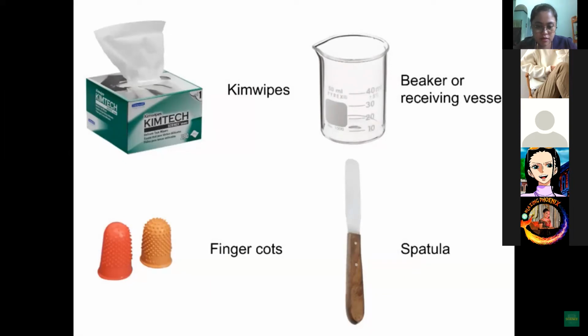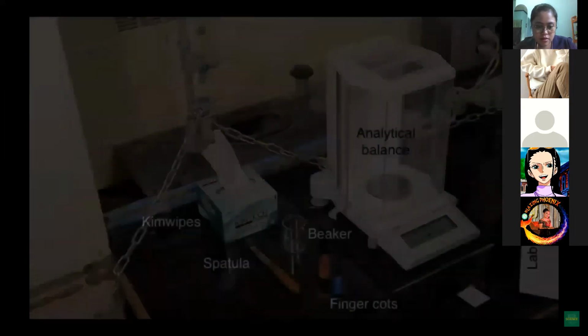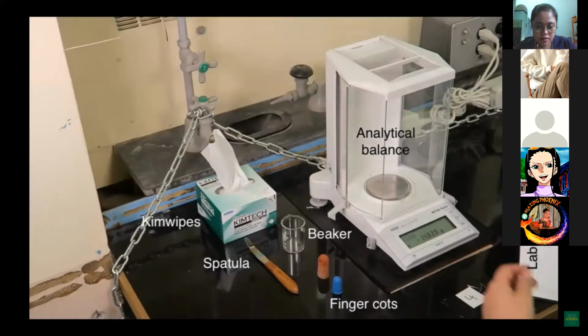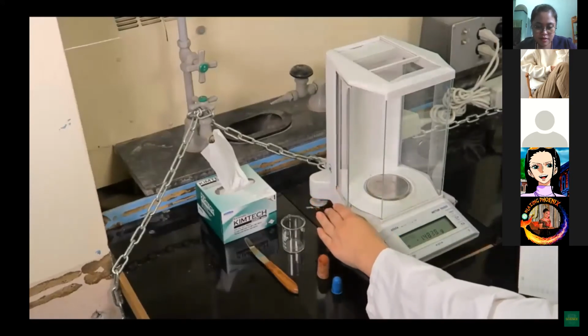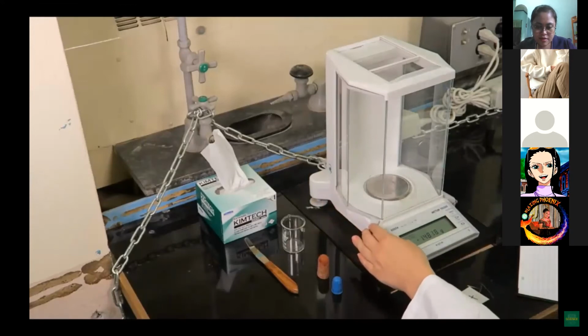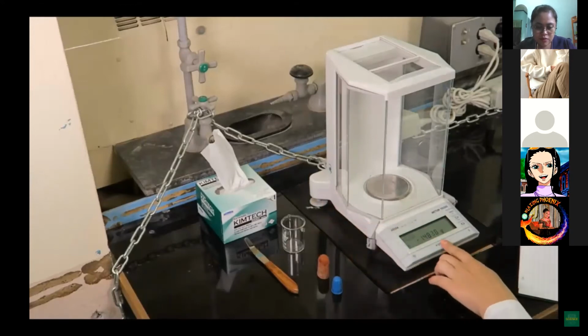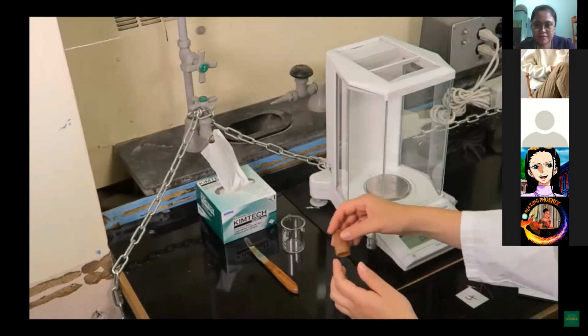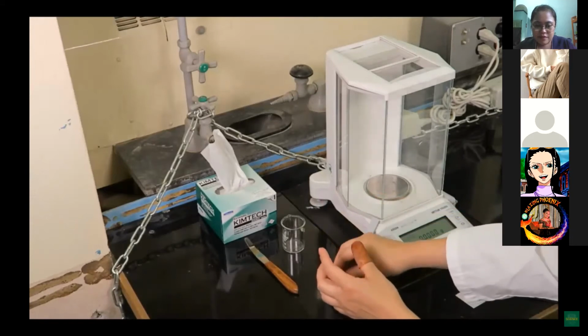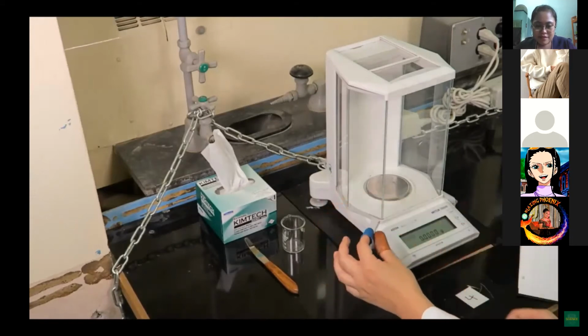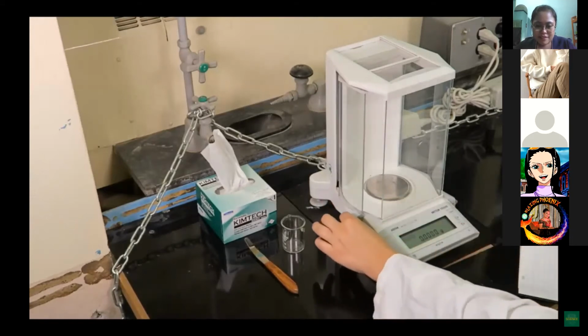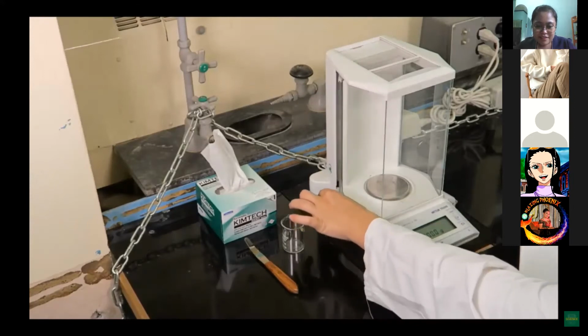Make sure you are wearing proper protective equipment. On an analytical balance, with all the balance doors closed, 0 the balance. It is important to never handle the beaker with bare hands, as the oils from your fingers add mass to the beaker. Handle the beaker with finger cots, gloves, or Kim wipes wrapped around the beaker.